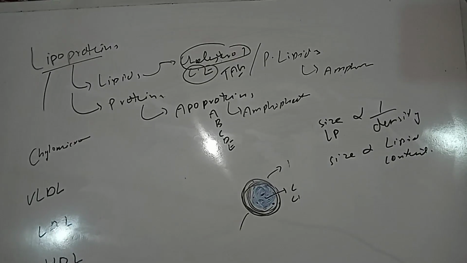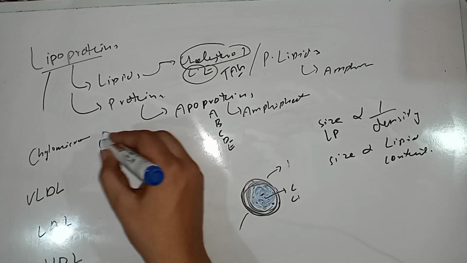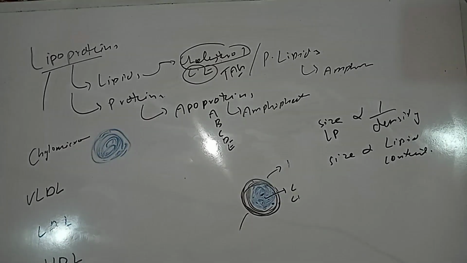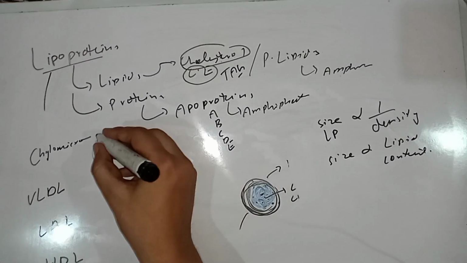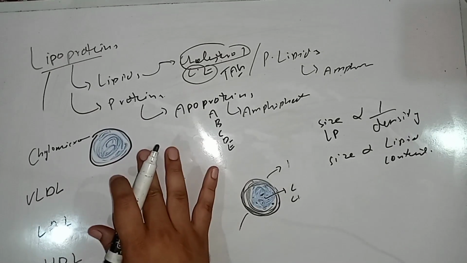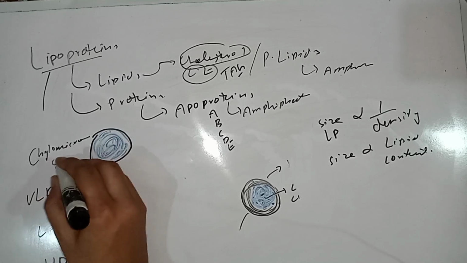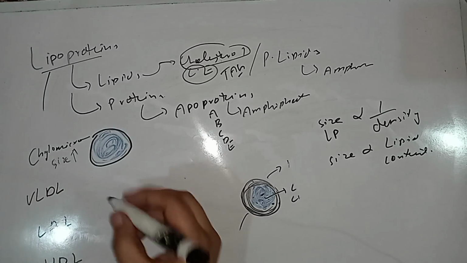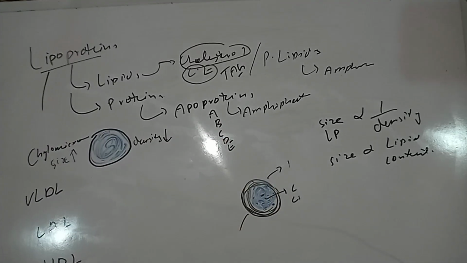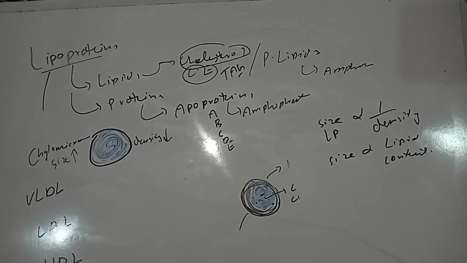Chylomicrons have high fat content, or high lipid content, and it is surrounded by apoprotein and phospholipid, but the apoprotein and phospholipid content is low. Their size is largest, and density is smallest. They have high fat content and low protein content.